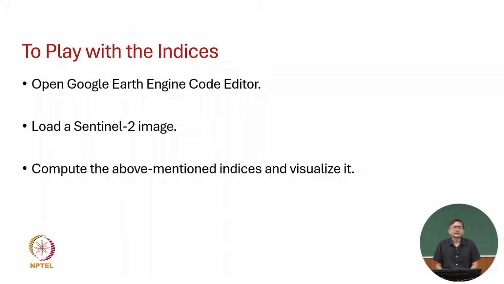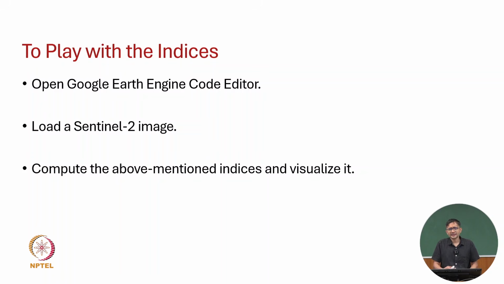However, I would have expected that maybe a significant part of the audience of this course is not from that background. So at this point, you can go to the Google Earth Engine code editor, and there you can load a Sentinel-2 image, and coding there is quite simple. There you can compute these indices that I have already mentioned, or any other index that interests you, and then you can visualize it.